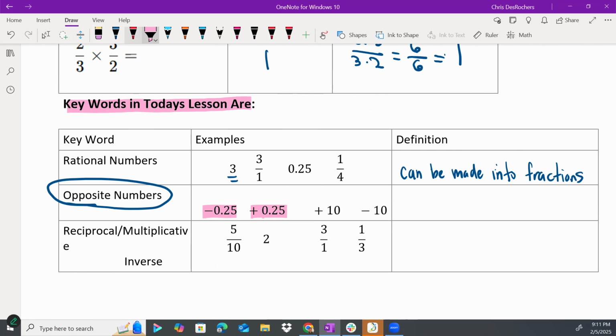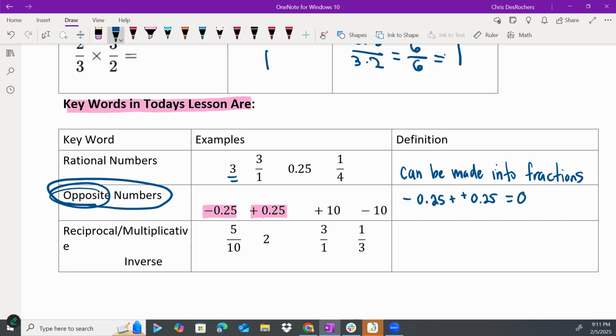And if we added these numbers together, negative 0.25 plus positive 0.25, well, we would end up with 0. So those numbers are said to be opposites.